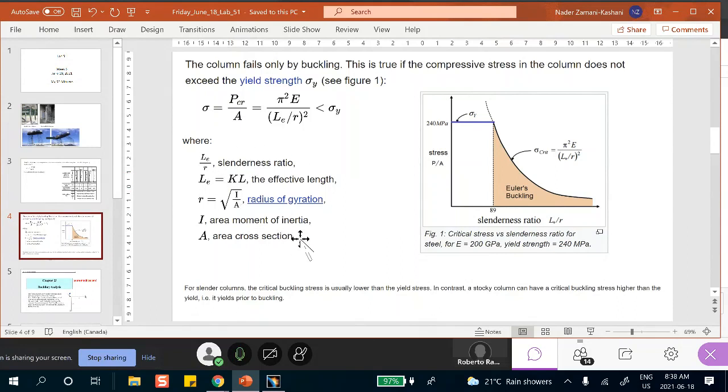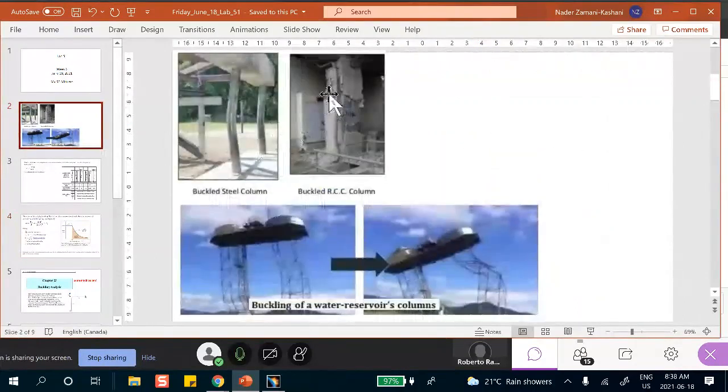Now, what this tells you is that if your structure is fat and short, that means the slenderness ratio is very small. For a slenderness ratio below this, the material actually yields before it buckles. If it was a big fat piece of steel, this would not happen.